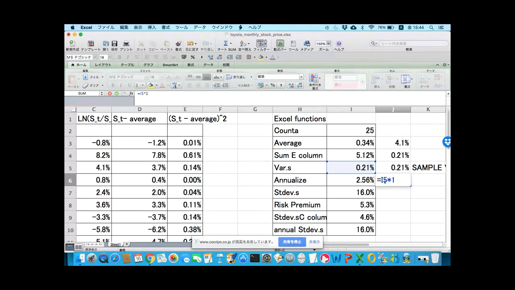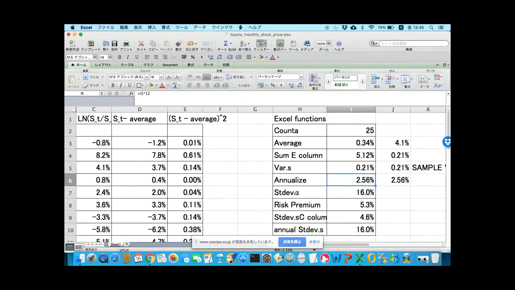This is monthly, so we need to annualize by multiplying by 12, okay? And this is the sample variance of the annualized number, 2.5%.